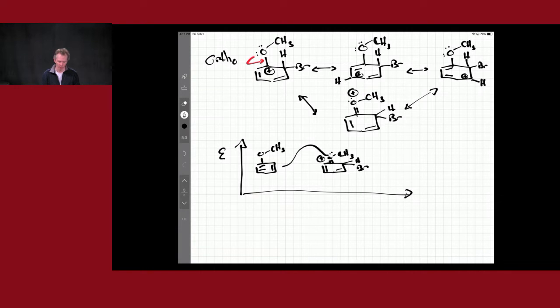So if we think about where these all are in relationship to benzene, both this point up here at the top and this point here where the cation is are both lower. So the lower we have to climb those hills, the faster the rate of the reaction should be.